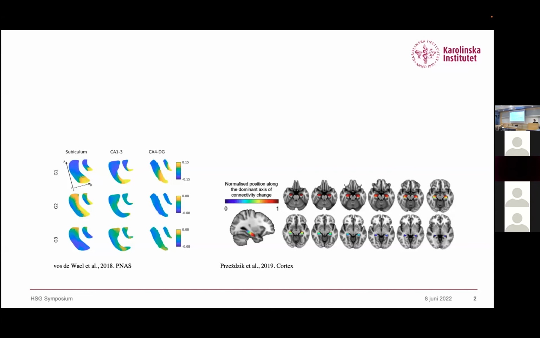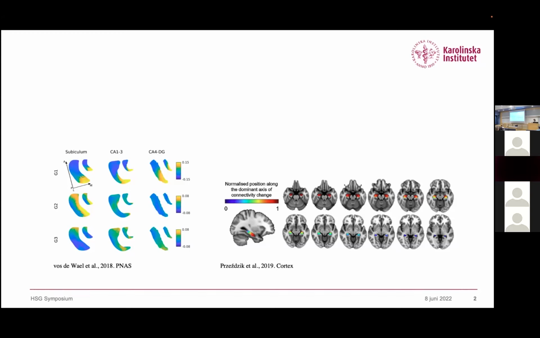And there are several studies in younger adults showing that connectivity is organized along multiple overlapping axes within the hippocampus. And I would say that the most common finding across these studies is that the dominant mode of connectivity is organized along the longitudinal hippocampal axis.